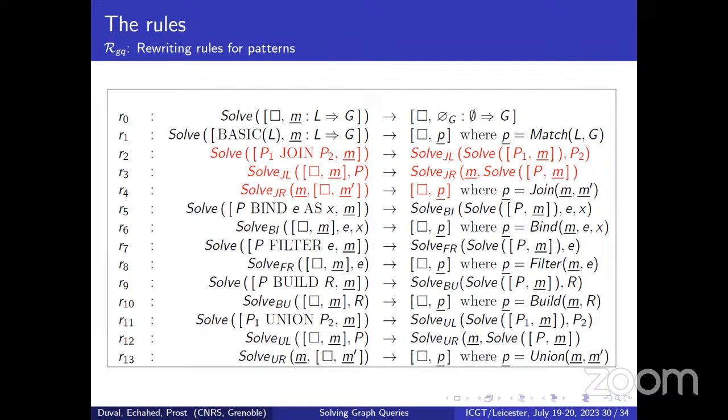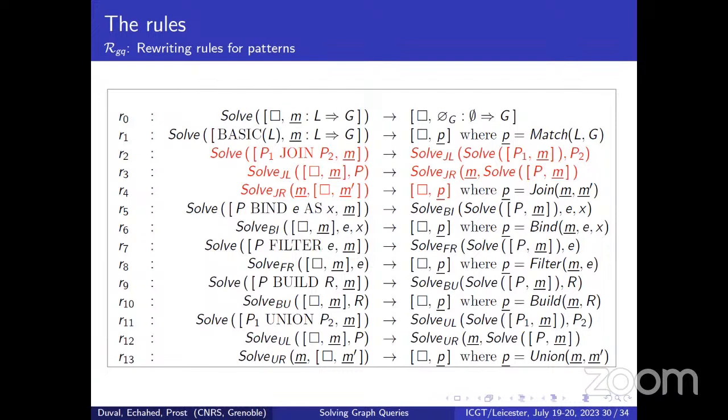You can say: solve P1 with the current solutions, and P2 is memorized. Solve join left assumes that if this one is solved, the normal form is of this form, so it should be the empty pattern and the set of solutions.